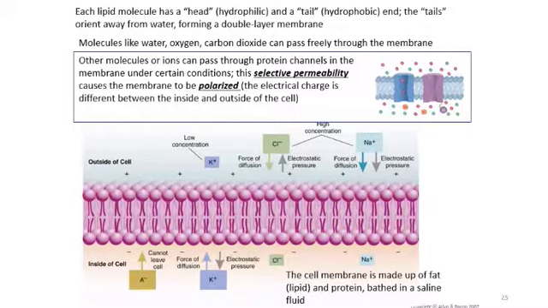There's a high concentration of potassium on the inside of the cell, and it wants to get across to where there's a low concentration of potassium on the outside, so that the concentration is equalized. That's the force of diffusion, trying to equalize the concentration on either side of the membrane. But because of the nature of the membrane, potassium can't get out of the cell except under certain conditions.